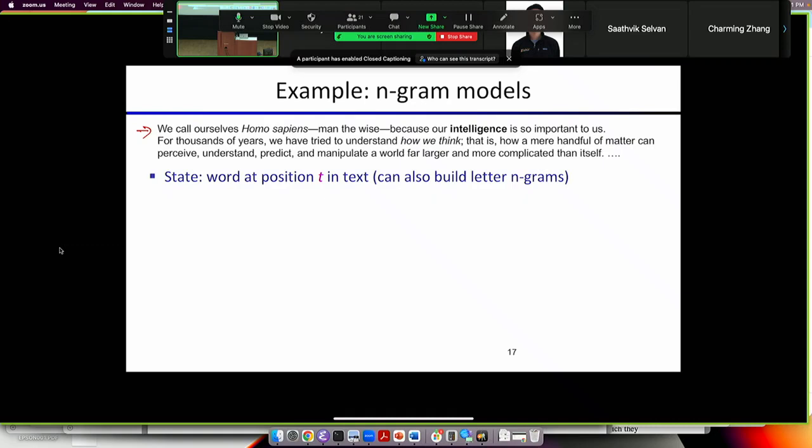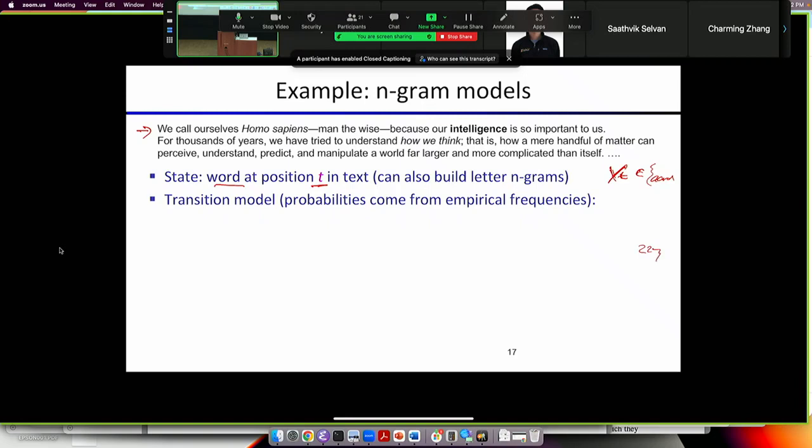So how do we write this as a probability model? The variable is the word at position t, so x sub t is an element of some set, which basically begins with aardvark and goes all the way down to syzygy.